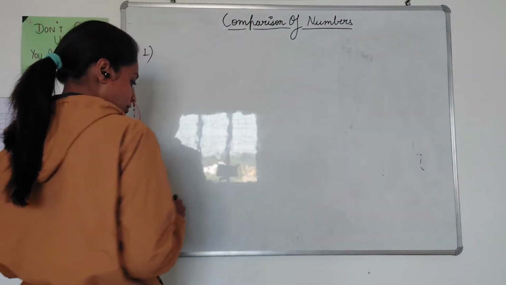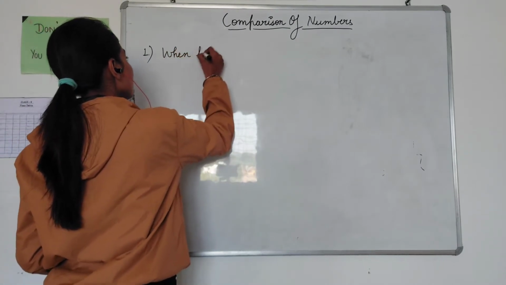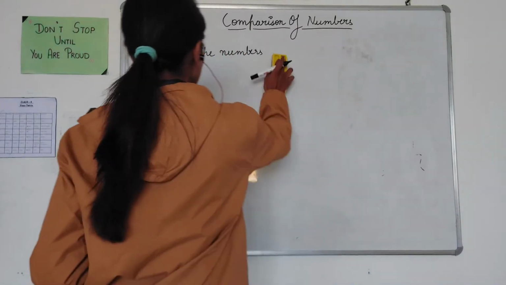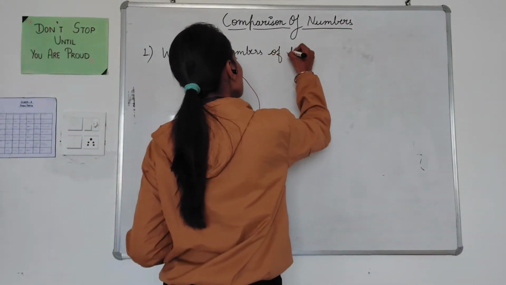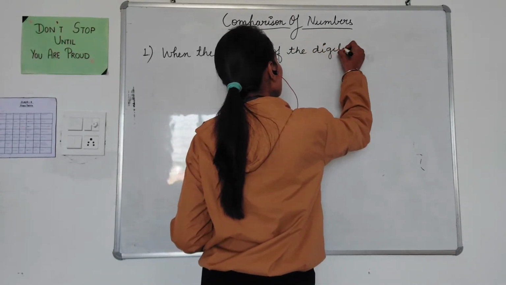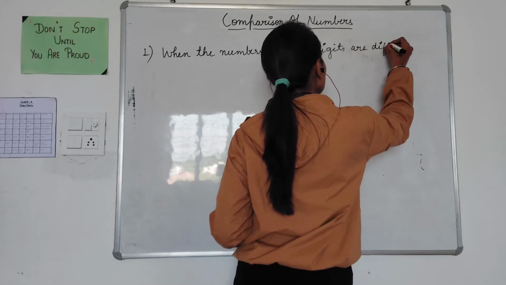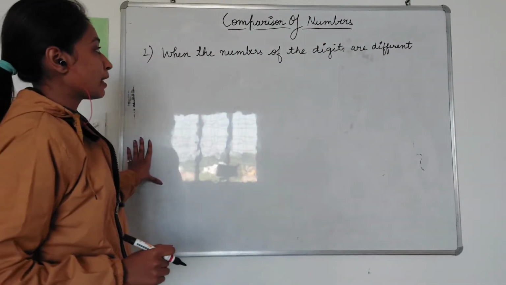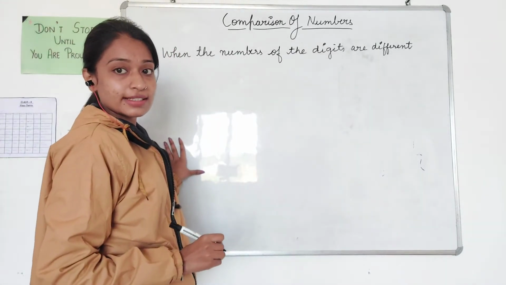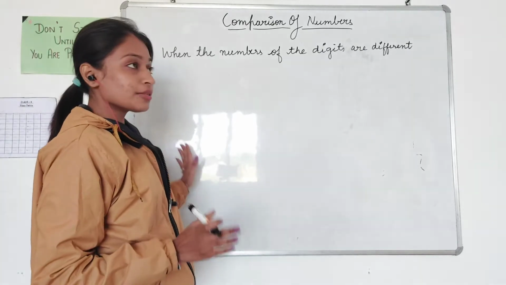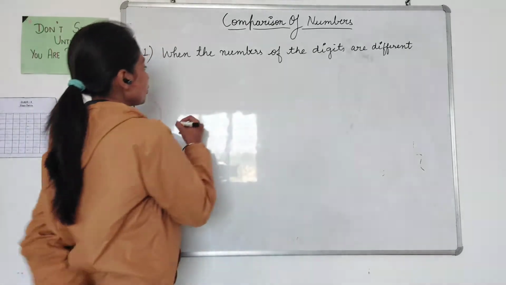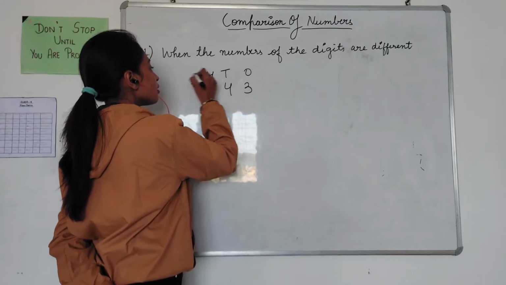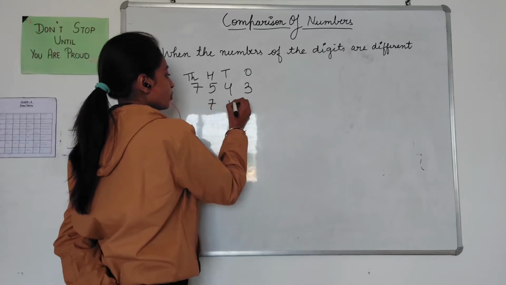First one is when the number of digits are different. जब आपके पास numbers के digits different हैं तो आप क्या करोगे? जिस भी नंबर के पास ग्रेटर डिजिट्स होंगी, लाइक फॉर एग्जाम्पल यू हैव टू नंबर्स 7, 5, 4, 3 and here the next number is 7, 4, 3.